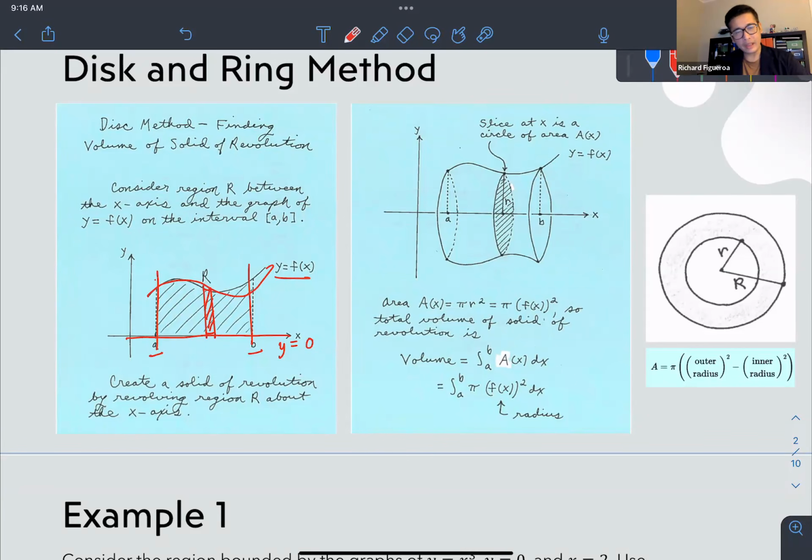It could either be the x-axis, the y-axis, or any line that we want, to revolve the given area. So for example, in this case, I'm going to revolve this region R, or this area, along the x-axis.